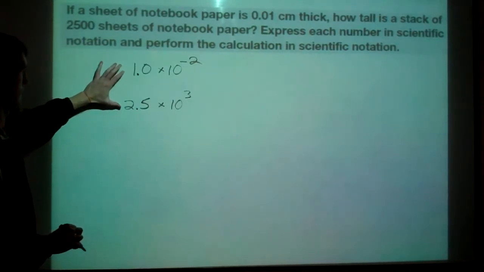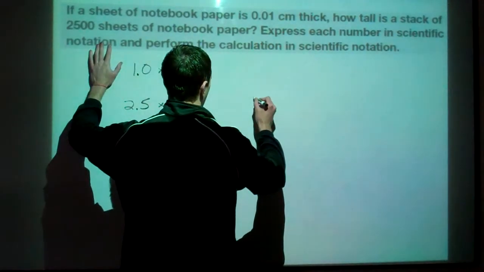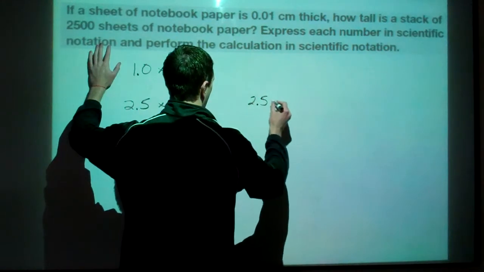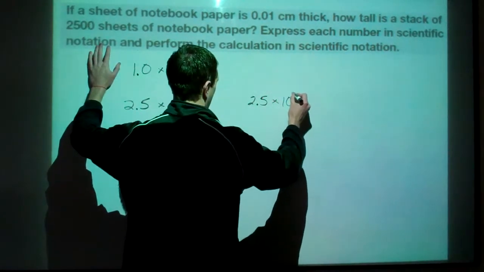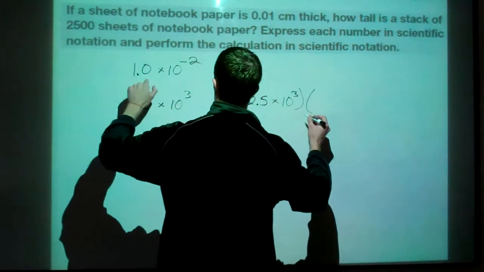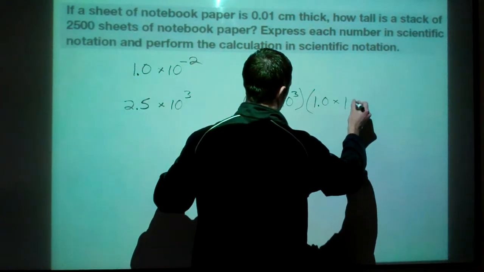They want us to use these 2 numbers. So it's going to be 2.5 times 10 to the third times 1.0 times 10 to the negative 2.